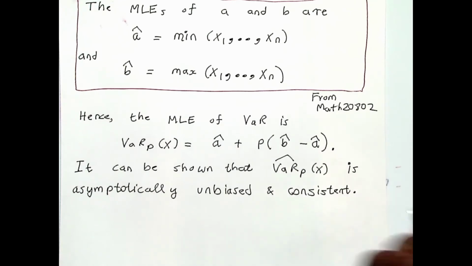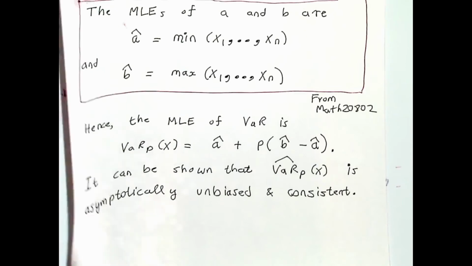So whenever you have time, please try to show that this is asymptotically unbiased and consistent using the definitions I gave you a few slides ago, right?